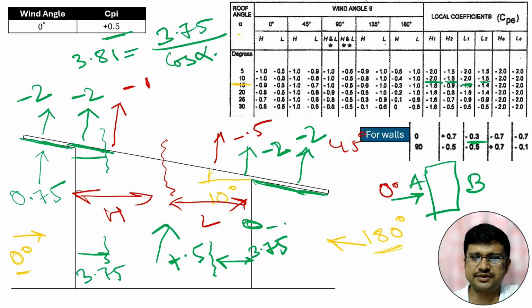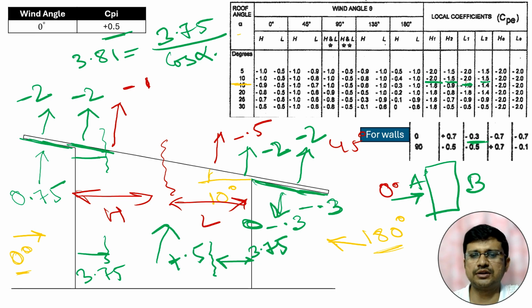Here it is -0.3. Plus means pushing, minus means pulling. So it is pulling. Here 0.75 positive is pushing, -0.3 is pulling.